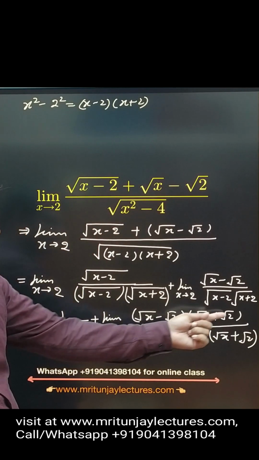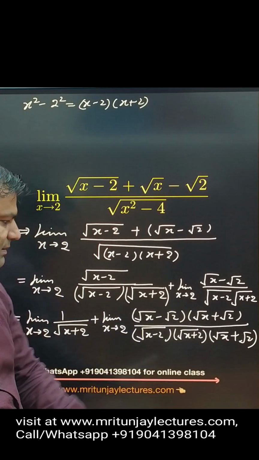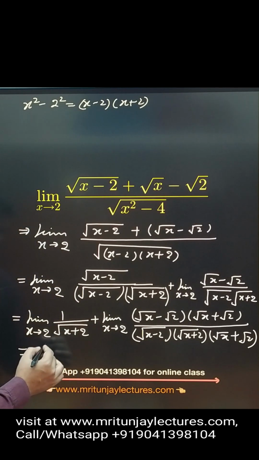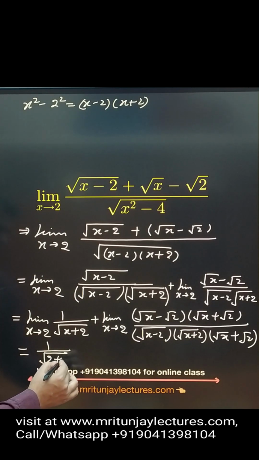This one is multiplied and this one is divided, so the value does not change. After that, put x is equal to 2, then we get under root 2 plus 2.